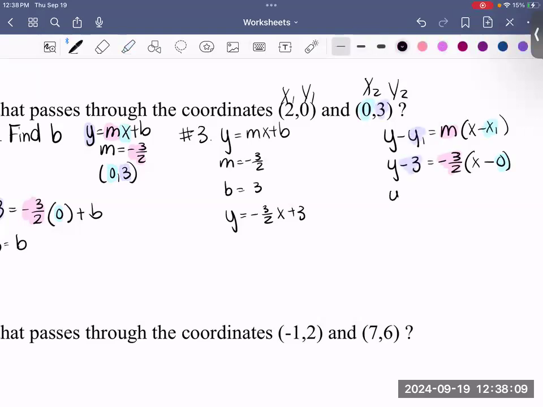Fit that right in. Go ahead and distribute. You'll notice that we'll get 0 times that, which is going to be 0. We can add 3 to the other side. And there you have it.